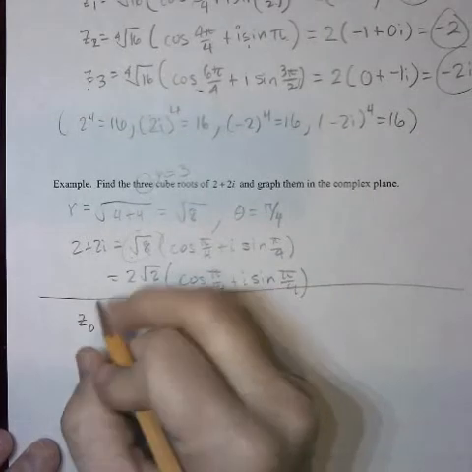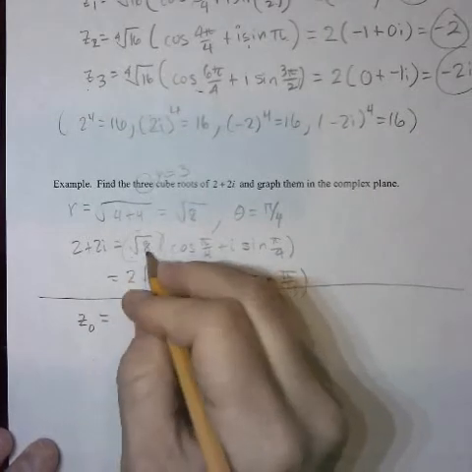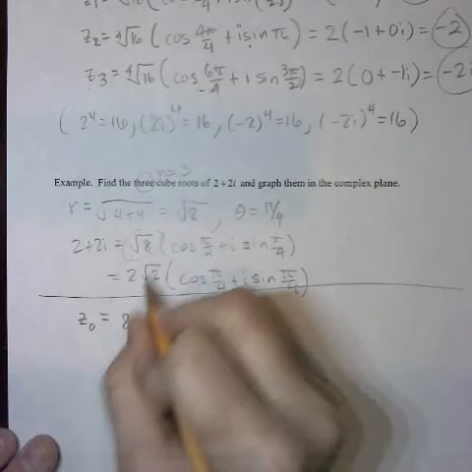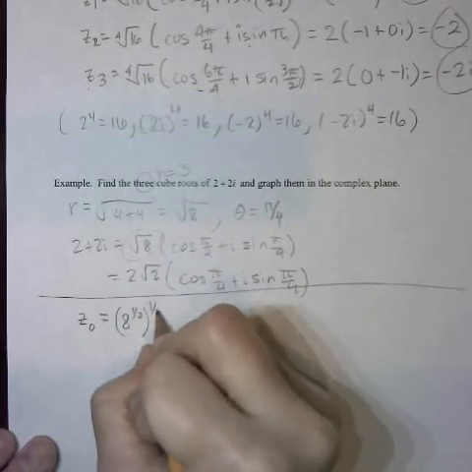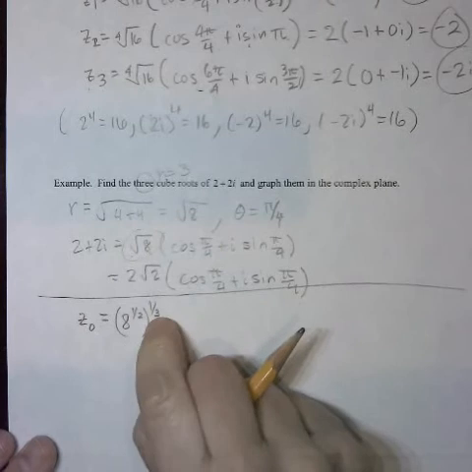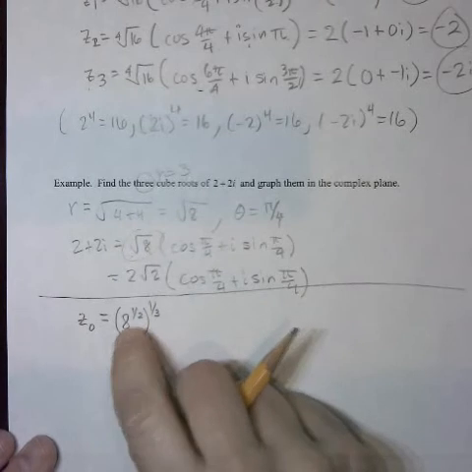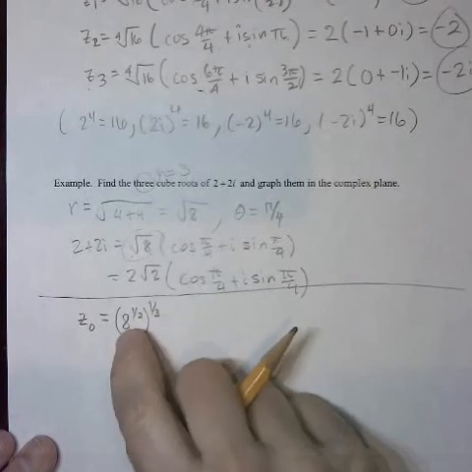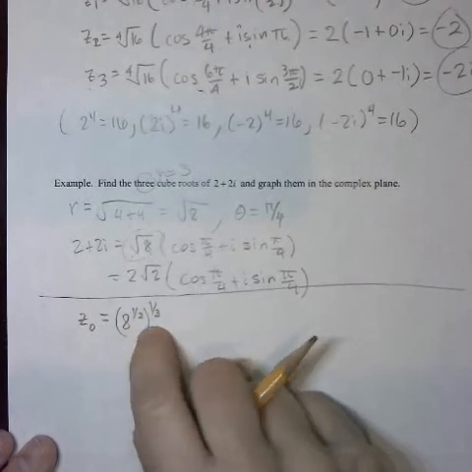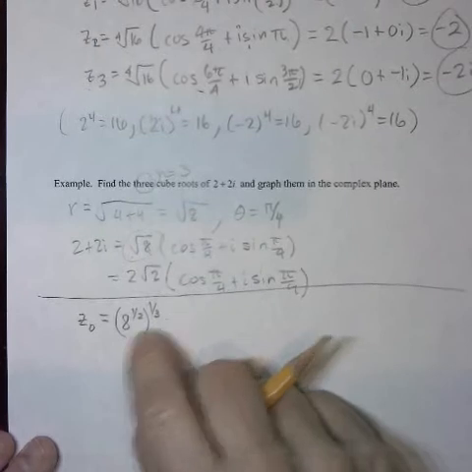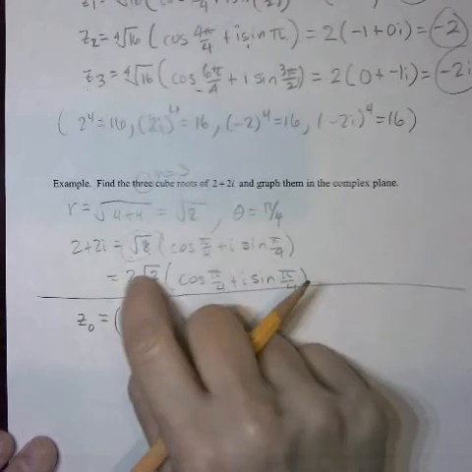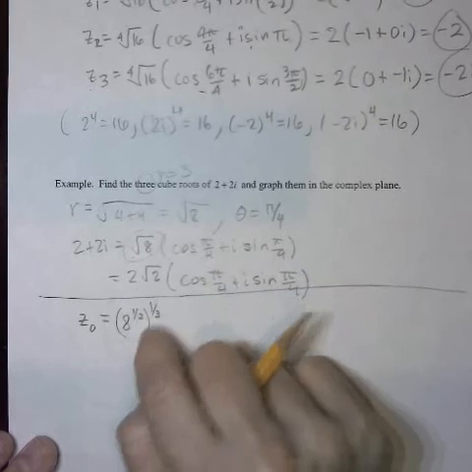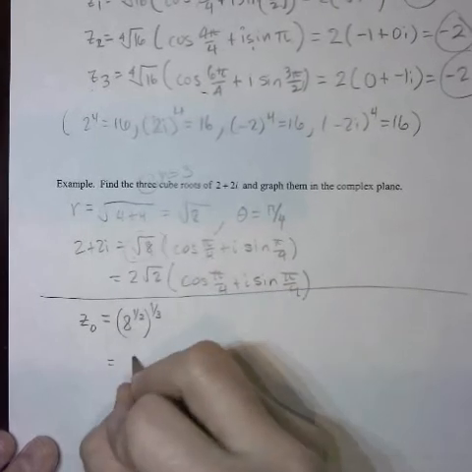And let's use exponential notation. So 8 to the 1/2 and then to the 1/3. So remember, we raise a power to a power. So the modulus here will be 8 to the 1/6, or the 6th root of 8. So if you use this, of course, you have to apply the 1/3 to both factors. I think it's easier just to use this form. So 8 to the 1/6.